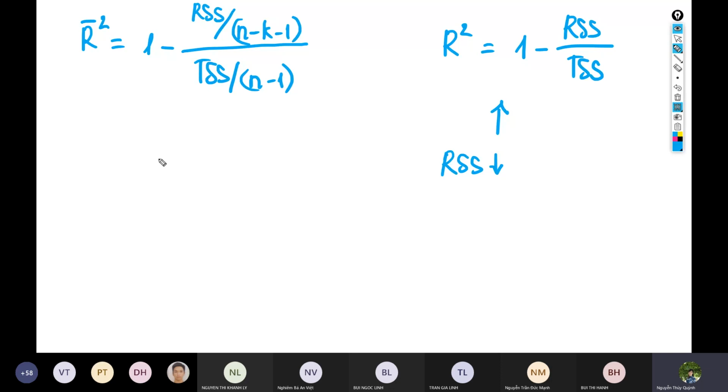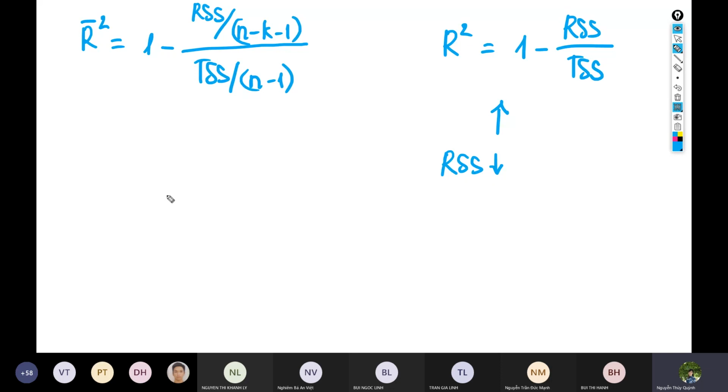When we add one more independent variable into the model, which component of this formula will change?